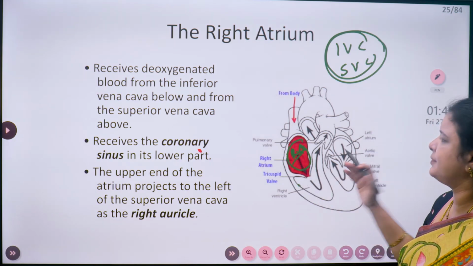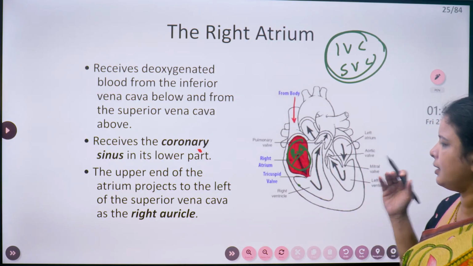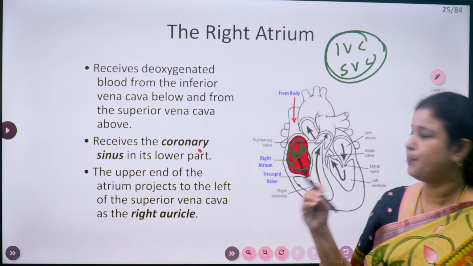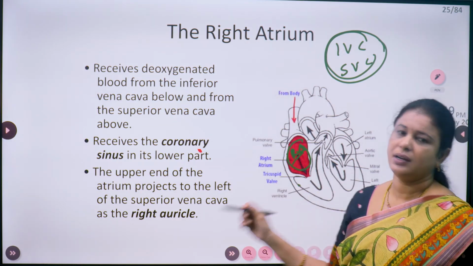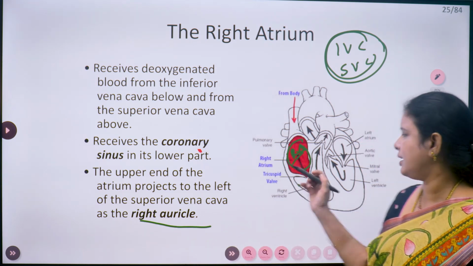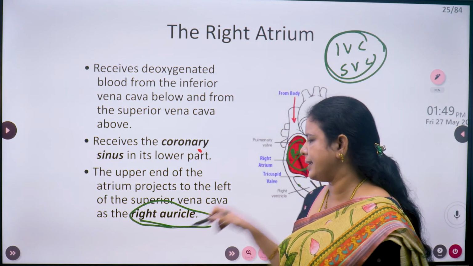The upper end of the atrium projects to the left of the superior vena cava, and that is called the right auricle. The projection of the right atrium is called the right auricle.